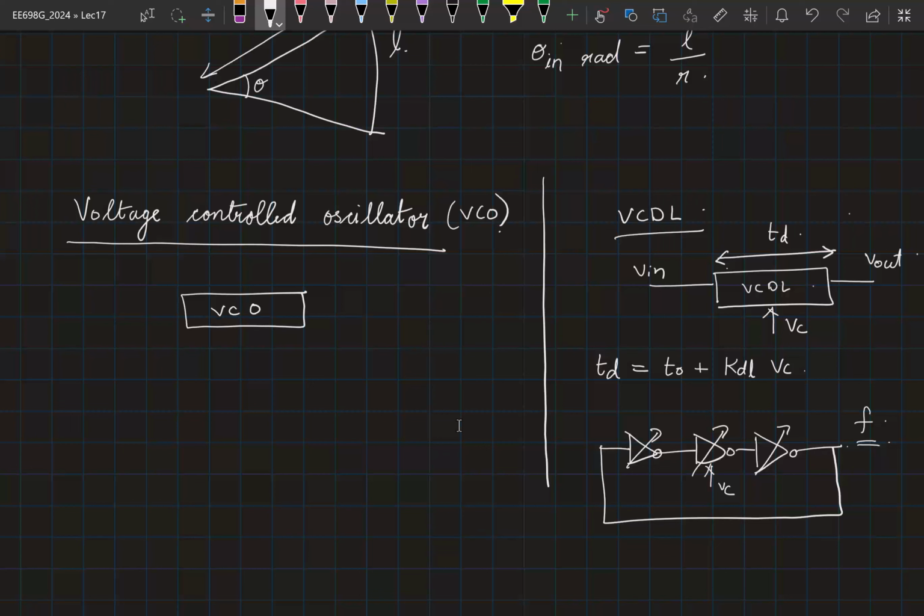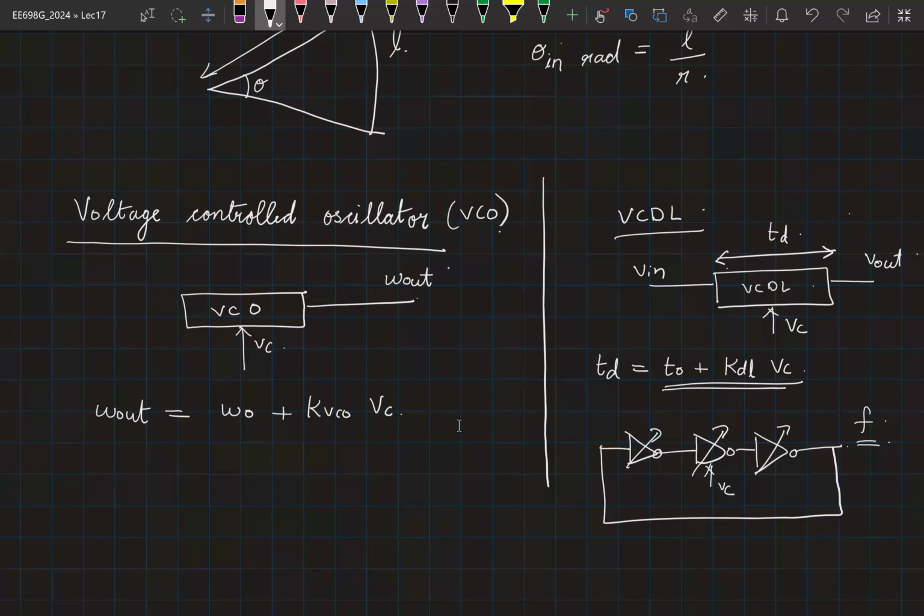How many inputs do you think a VCO should have? What is that input? VC, right? You don't have to feed anything. It is able to generate the clock on its own, and then you have an output. Let's say I represent the frequency as some omega out. I can represent my omega out as some initial frequency omega naught plus some gain into Vc, much like the expression I have written here.